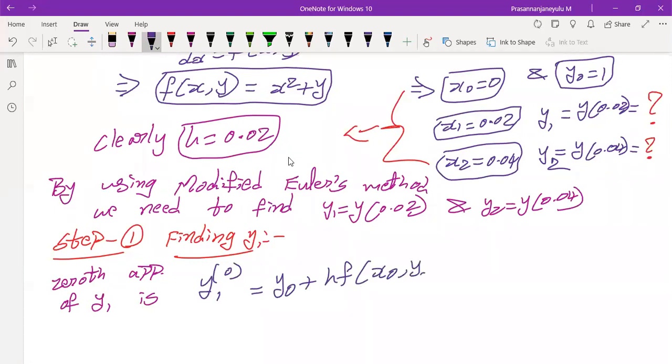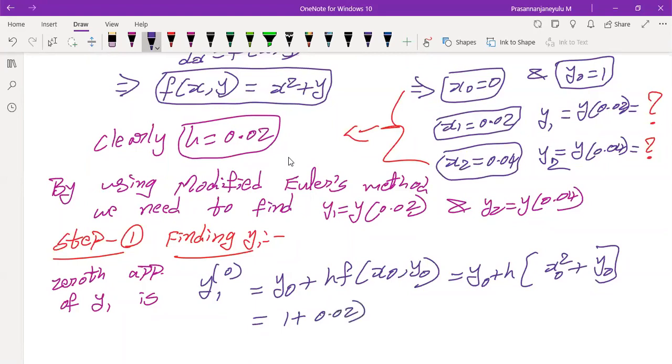Writing the f of x comma y formula: y0 plus h into f of x comma y. What is f of x comma y? X square plus y. But in place of x and y, we have x naught and y naught. So substituting all the values, y naught is 1 plus h is 0.02 into x naught square, nothing but 0 square, plus y naught value 1.